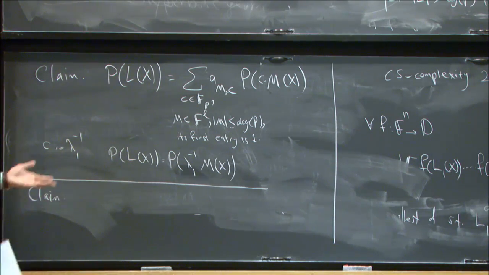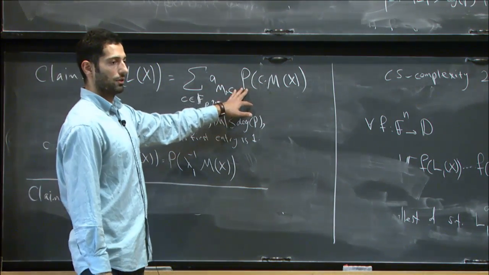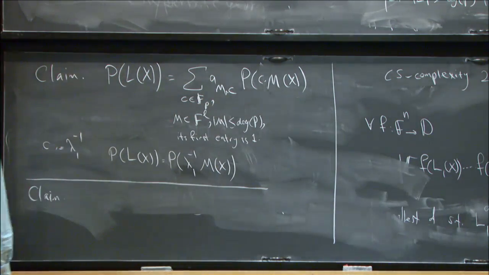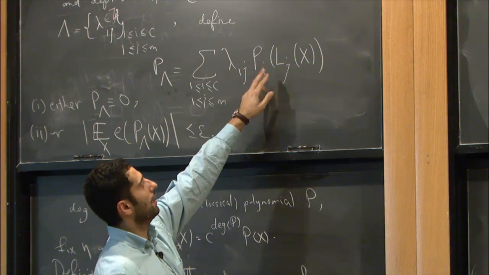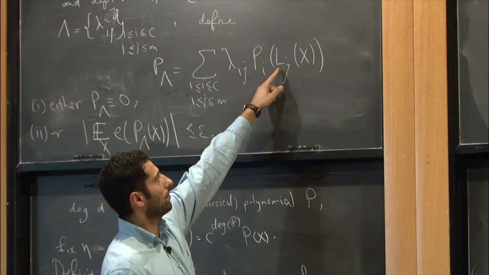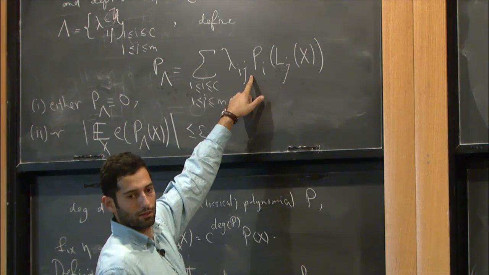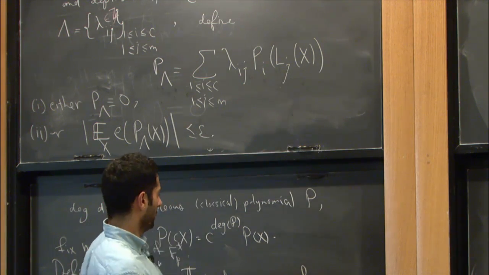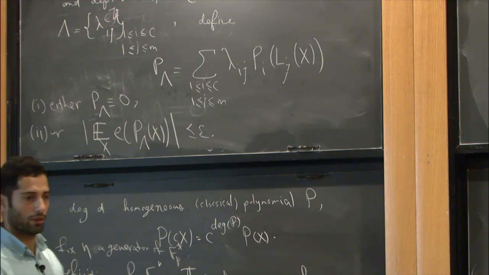Now is the time that we actually use the homogeneity. If the polynomials that I have are homogeneous, I can look at my linear combination, apply this claim to them, and what I get is some p_i times some constant times a linear form. But because they're homogeneous, I can just take the constants out by the definition of homogeneity.